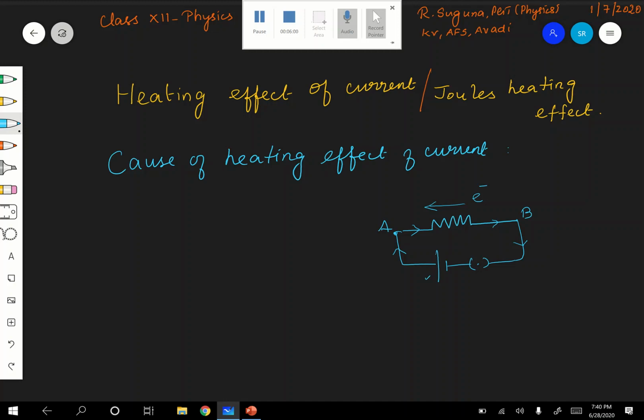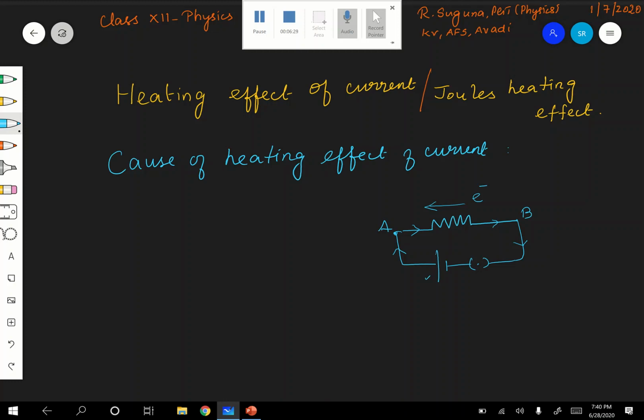Therefore, the amplitude of vibration of the thermal lattice increases, and consequently the temperature of the conductor rises. Every atom is getting more kinetic energy, so they vibrate with a larger amplitude, and hence the temperature of the conductor rises.